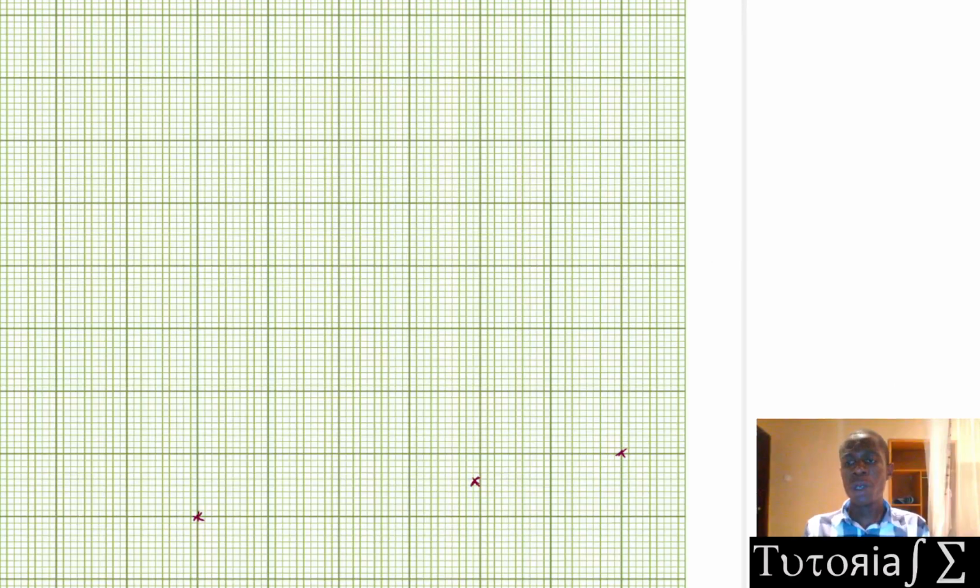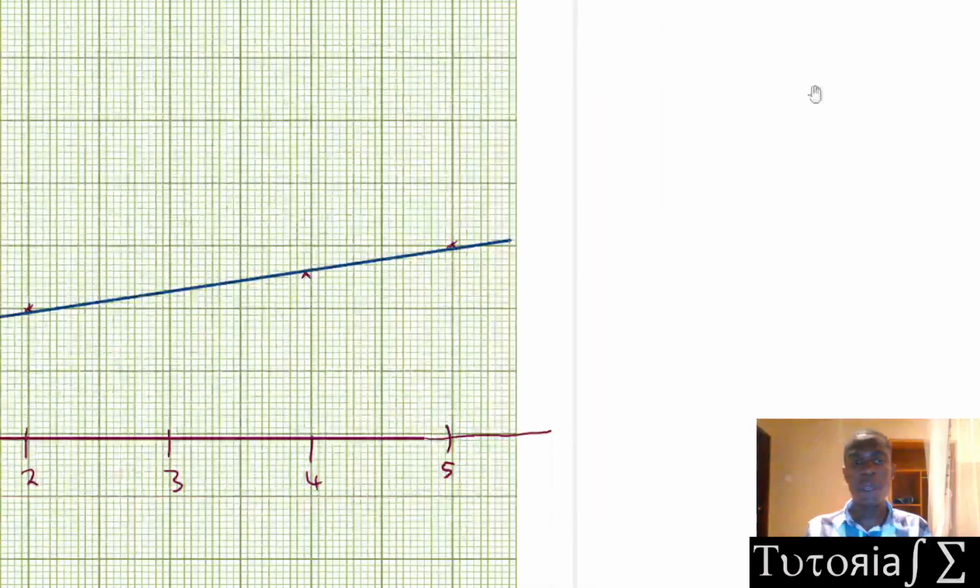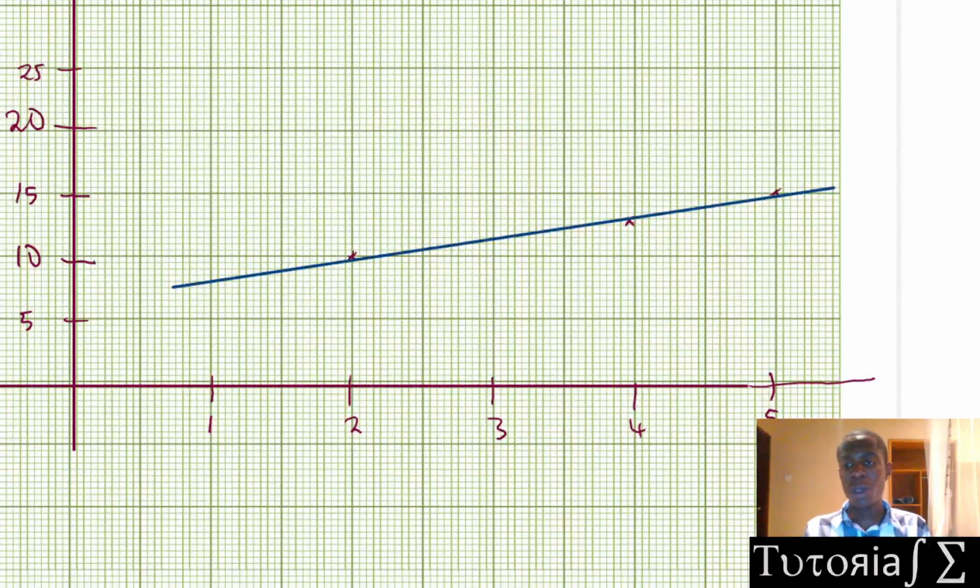Then what we'll try to do is draw a line that fits most of the points. We see that if we draw a line like this, it will fit most of the points, and that there is the outlier. So basically, this is what we are supposed to do. From there, we'll be able to determine the relationship between age and the time it takes to complete a task.